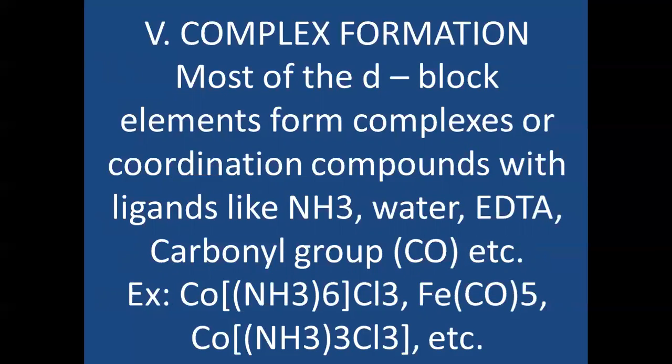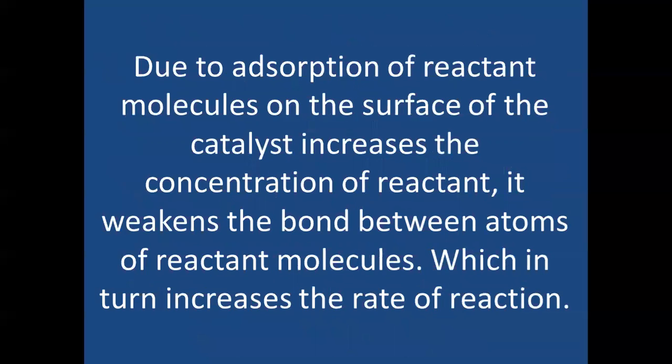Now, we will consider the next very important property of d block elements. It is nothing but complex formation. But before going into detail of complex formation, let me give you a few examples of metals or compounds of d block elements which are generally used as catalysts in different reactions.